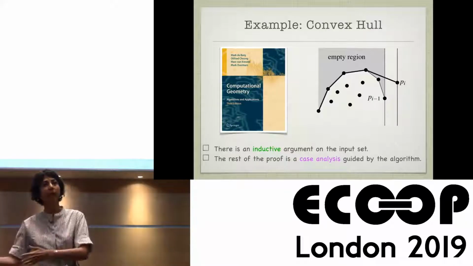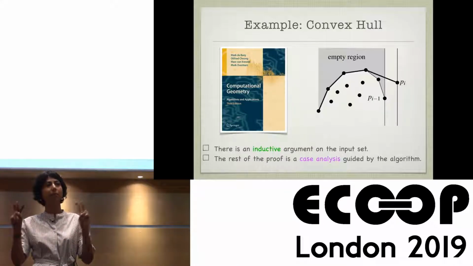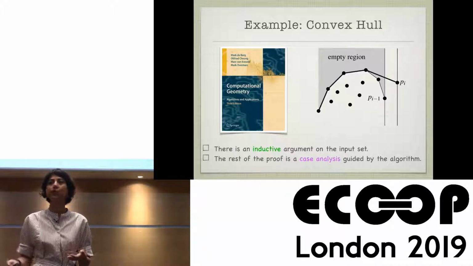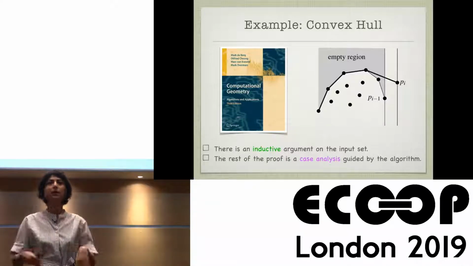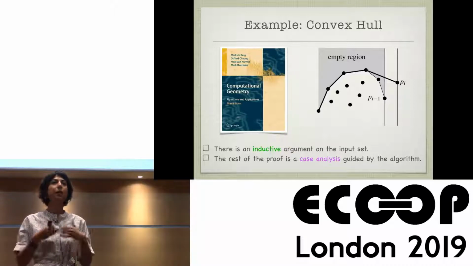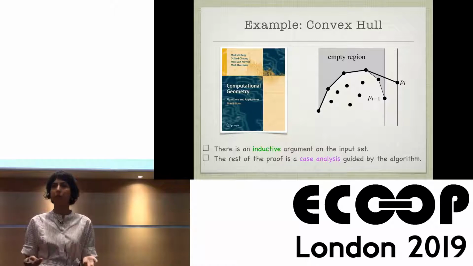If it's the other way, the algorithm does this other thing, and it still does the right thing. So by this kind of case analysis, and there are a few cases that have to be considered, plus the underlying induction, they basically argue why the algorithm is correct on all inputs, right?